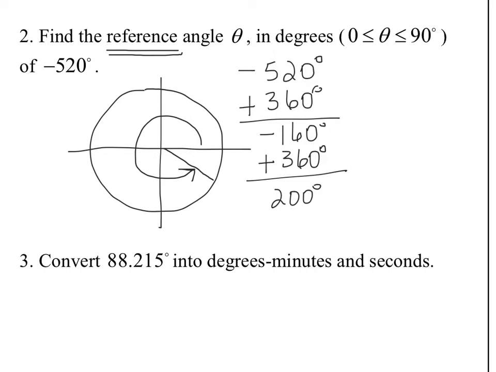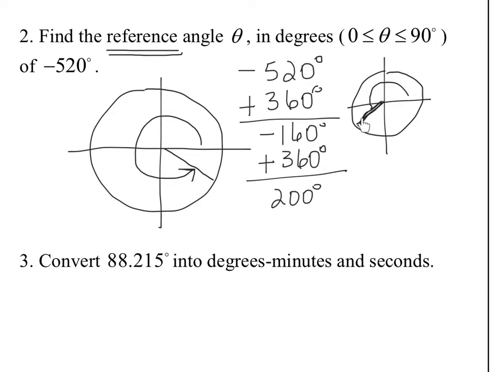So let's take a look at what we're going to need for a reference angle to get back to the horizontal position. I know that my 200 degrees is approximately right here, and it's in quadrant 3. The reference angle is whatever this amount is to get back to the horizontal position.